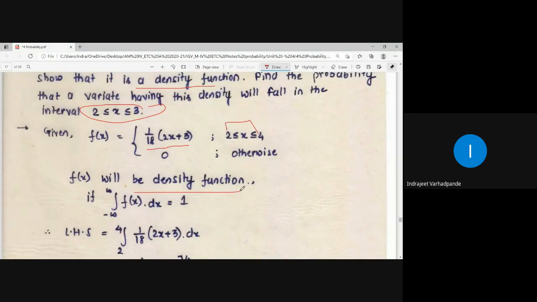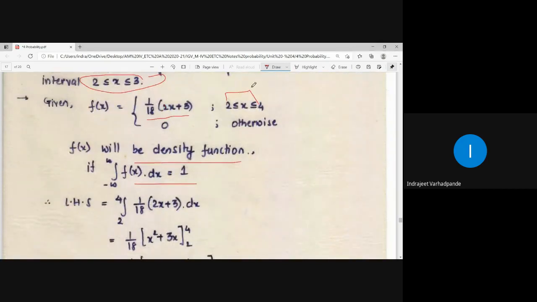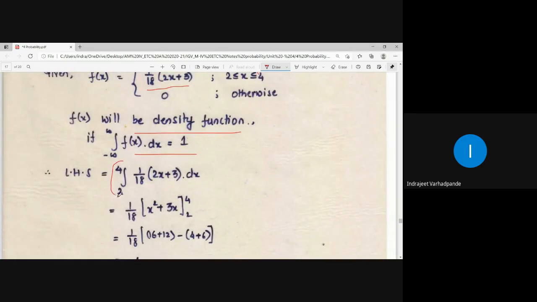It will be a density function if it satisfies the integral from minus infinity to infinity of f of x dx equal to 1. But our function is defined only for the range 2 to 4. So I will integrate this between 2 to 4. So 1 by 18 into (2x plus 3) is the function to be integrated between 2 to 4.